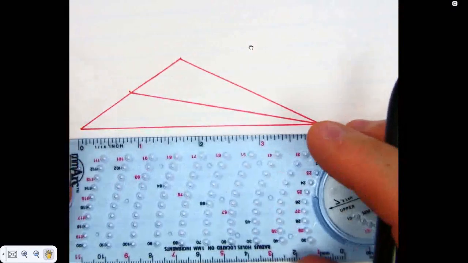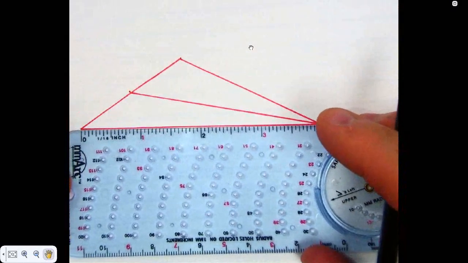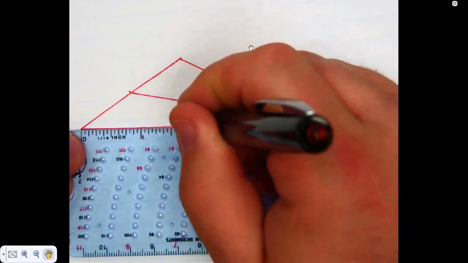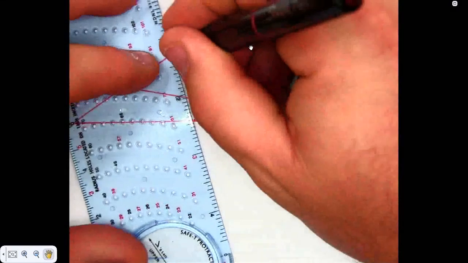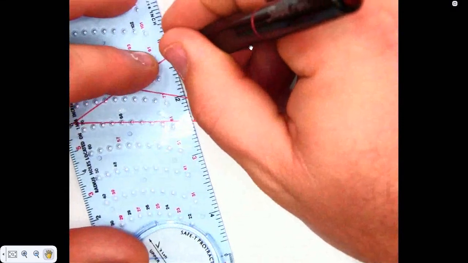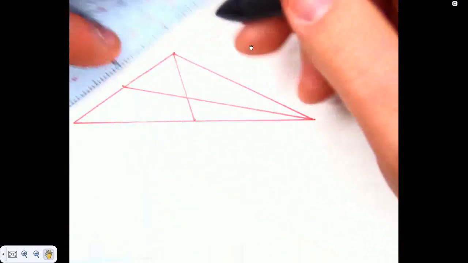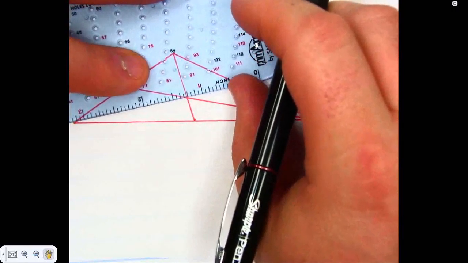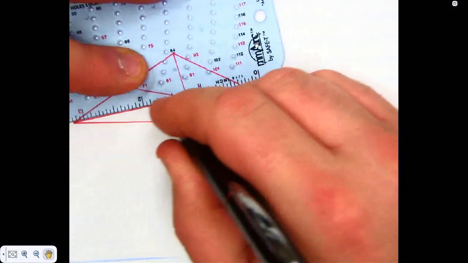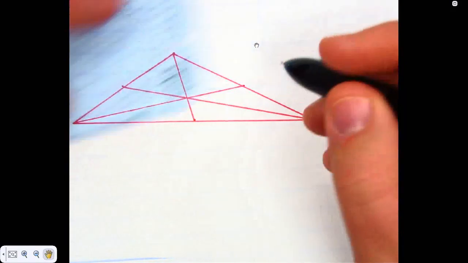Okay, and then I measured this one to be 4, I think, so I know it's going to be at 2. And then I just draw the third side. I've done this a few times. Now, since I know it should be a concurrent point, I just connect the dots there. Oh, okay, that's simple. So I didn't worry about how big the third side was.